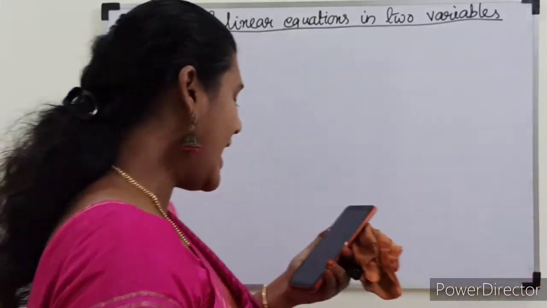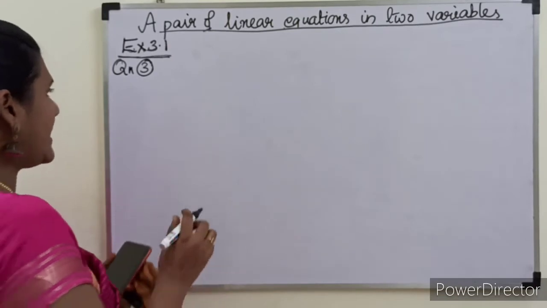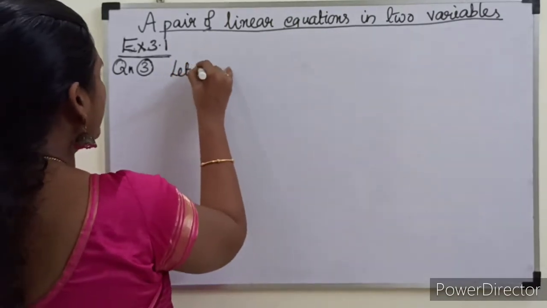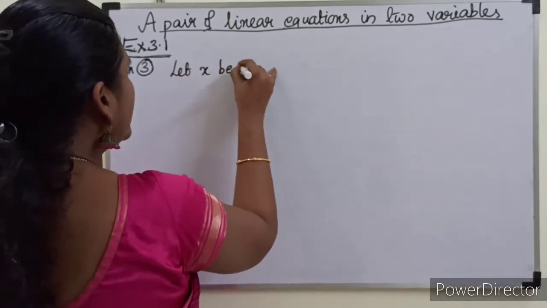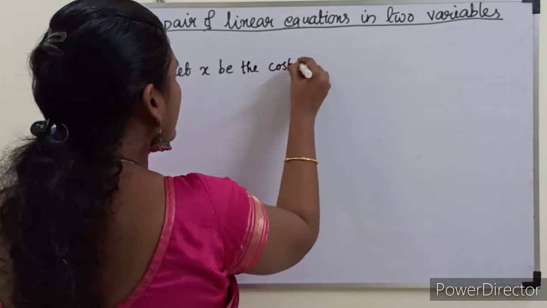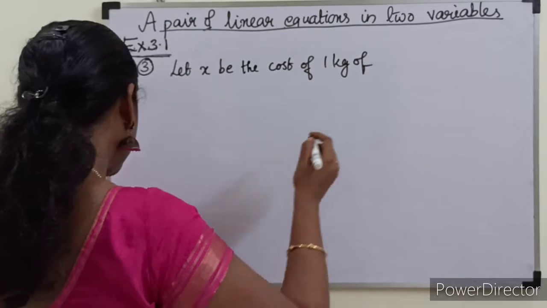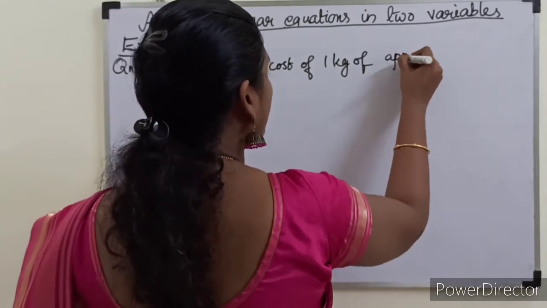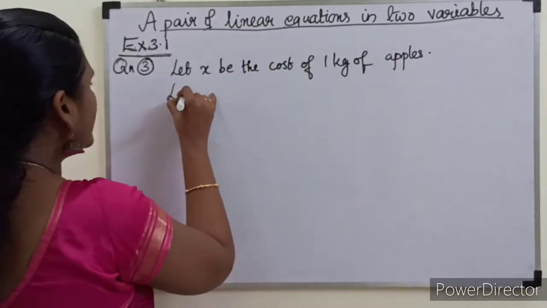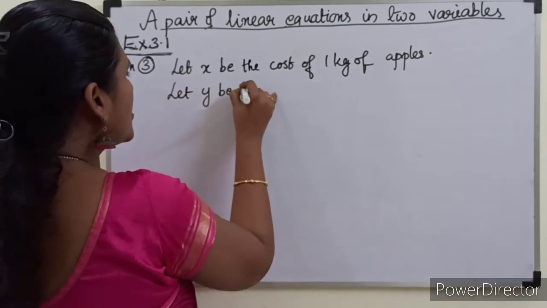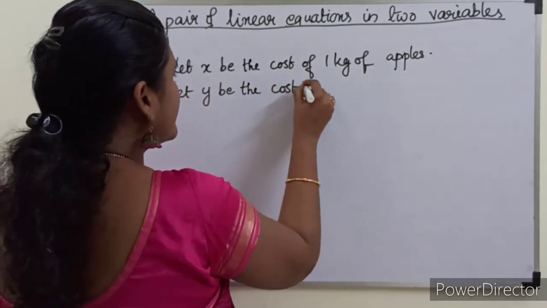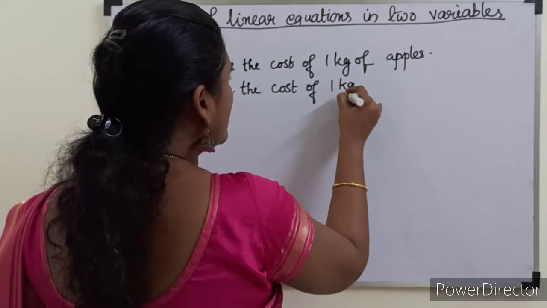So here we have the cost of apples and grapes. So we will take, let x be the cost of 1 kg of apples and y be the cost of 1 kg of grapes.